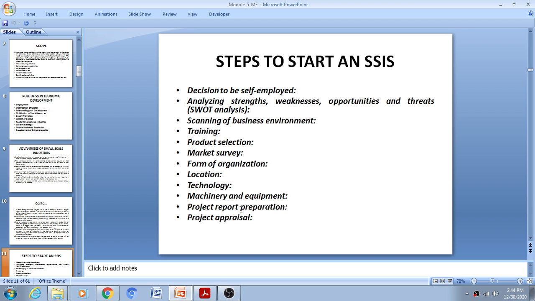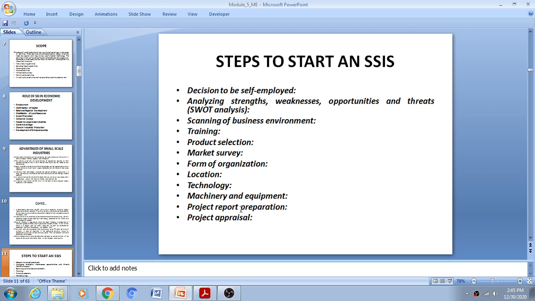Okay. The next one is form of organization. As you're already aware, we have different forms of organization. It could be proprietorship, which is nothing but a single owner, a sole owner for the small industry.